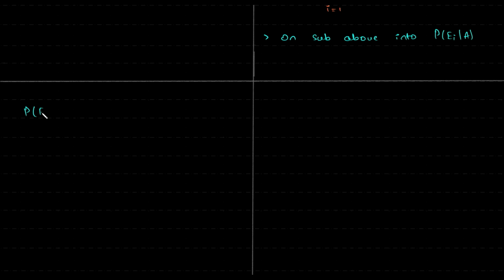So what are the chances that A happened because of Ei? It is equal to probability of Ei into probability of A given Ei, divided by the summation of probability of Ej into probability of A given Ej, where j runs from 1 to n.